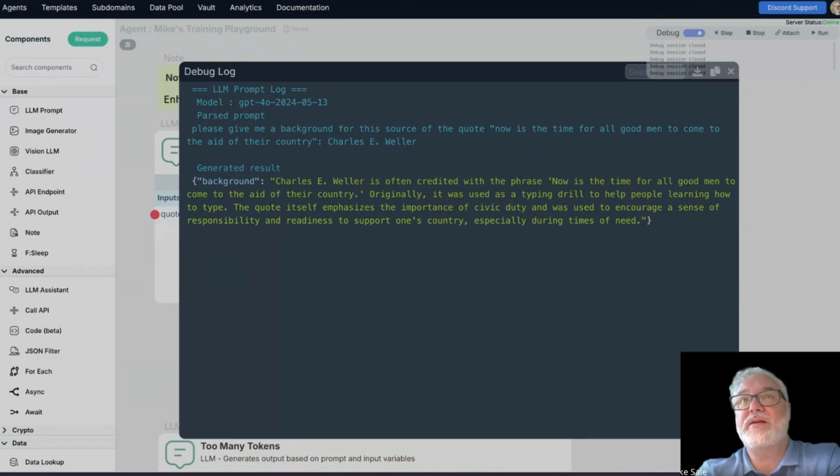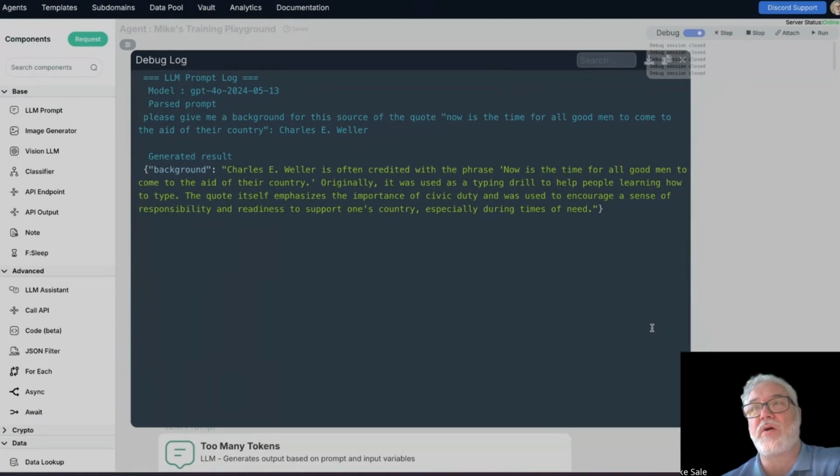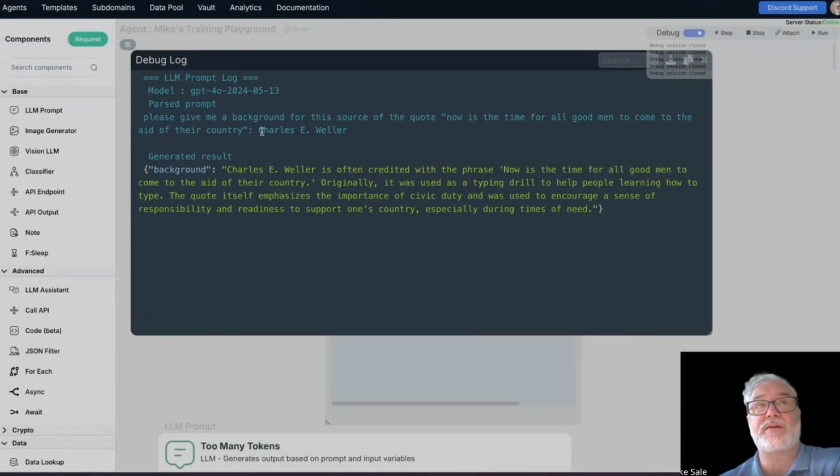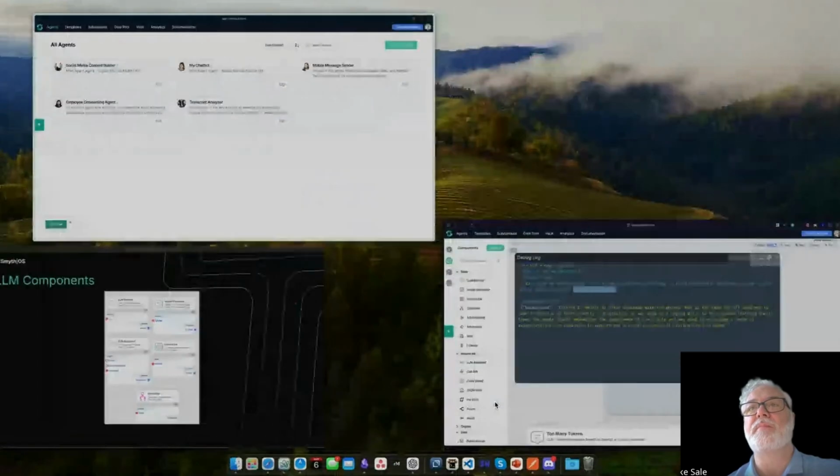And there's plenty of things to be learned, especially from answers that may not be perfect. So please, let's take a minute and take a look at this prompt and tell me how you think we can actually get it to tell us about Charles E. Weller. How can I improve upon this? Can anybody give me some ideas?